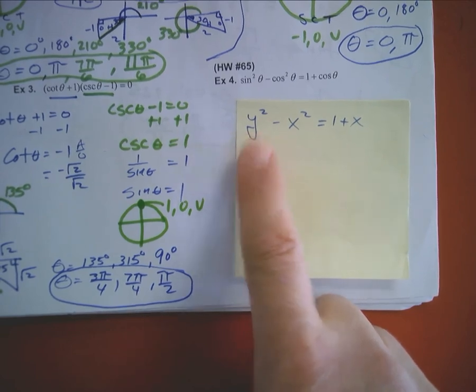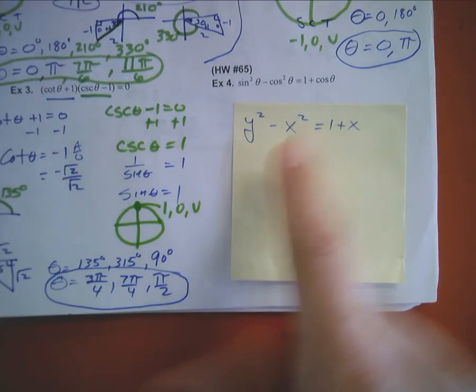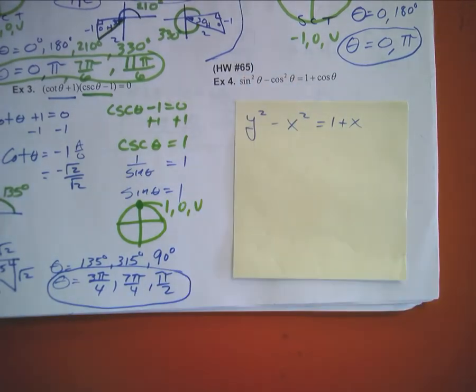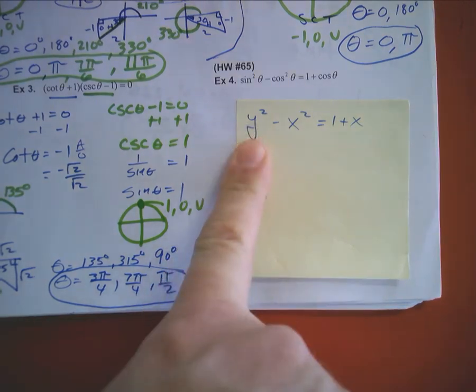So we got to get rid of this y. Or in our case, we got to get rid of this sine squared.